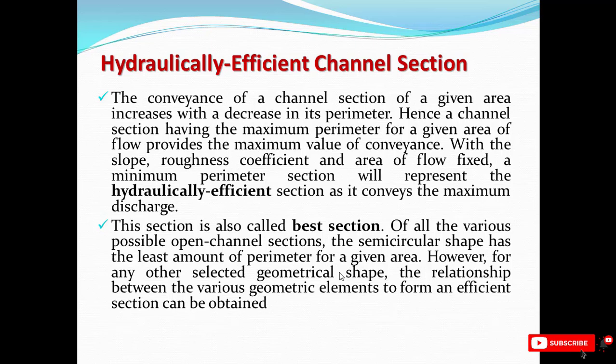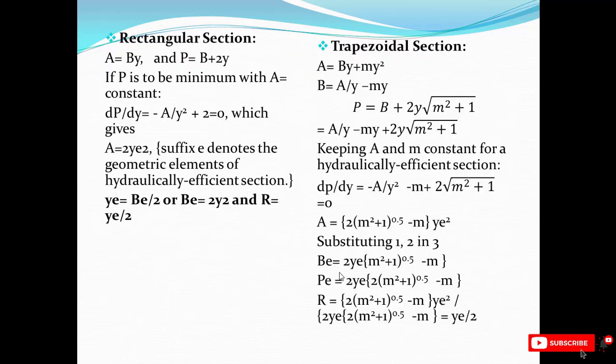When we say minimum, it means its derivative is equal to 0, so dP by dy is equal to 0. We take P for the rectangular section first of all: B plus 2y. Instead of B, put A over y. Its derivative becomes minus A over y squared plus 2, which is equal to 0.